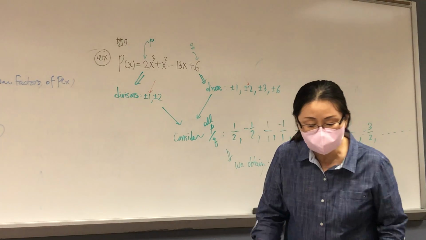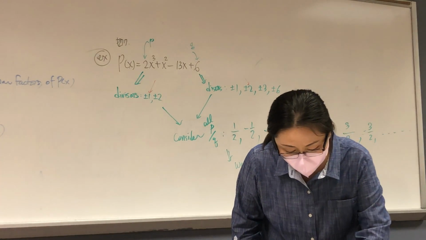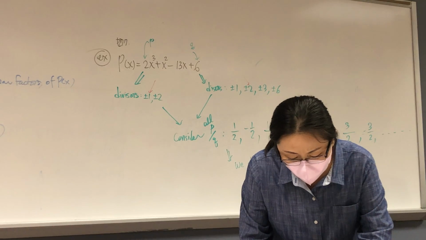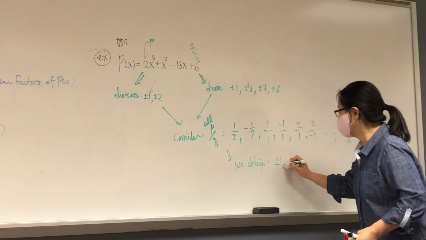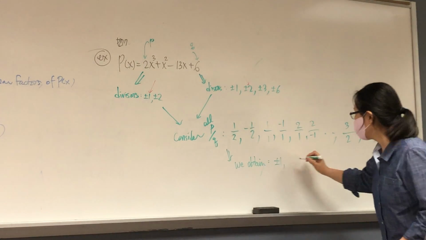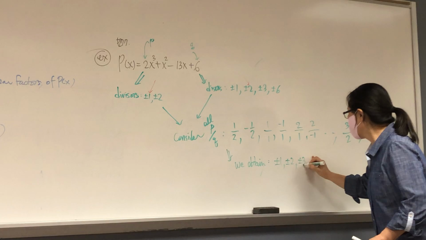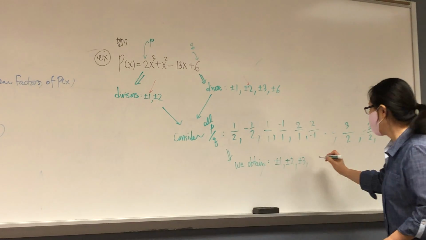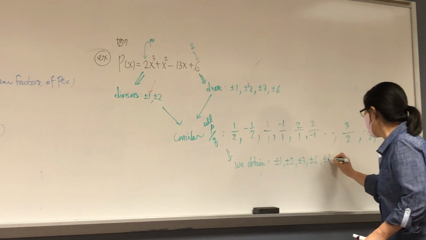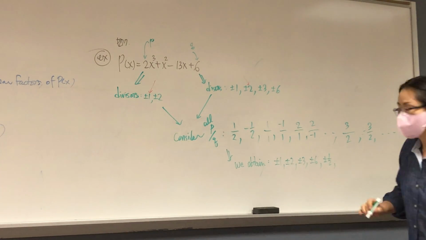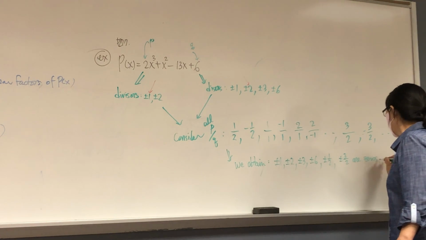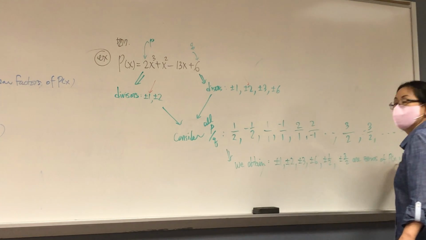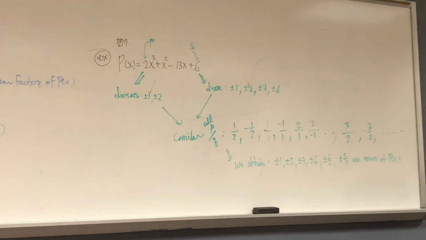The possible zeros are these. Still too many. But what do you need to do?